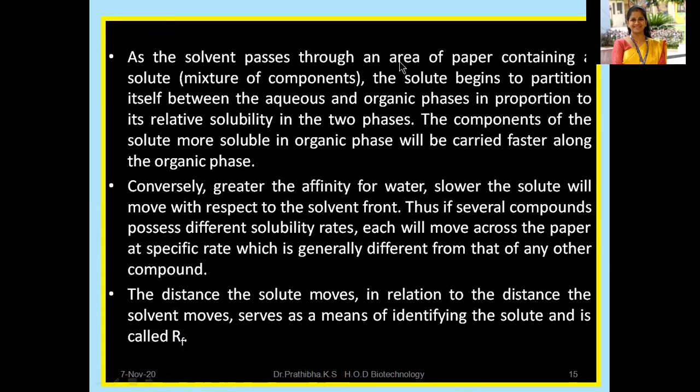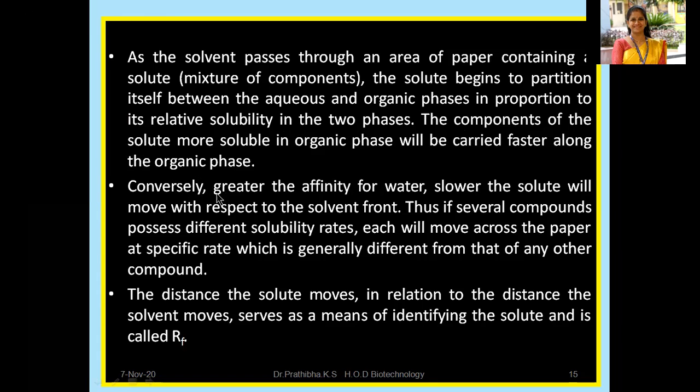As the solvent passes through an area of paper containing a solute, that is the mixture of components where you have loaded the sample, the solute begins to partition itself between the aqueous and organic phases in proportion to its relative solubility in the two phases. The components more soluble in the organic phase will be carried faster along the organic phase.